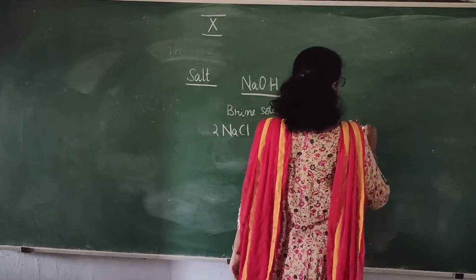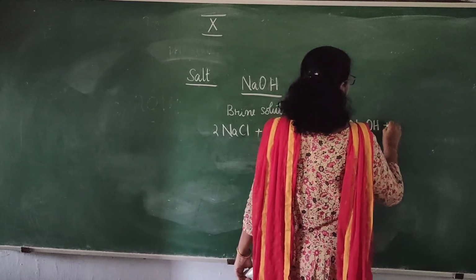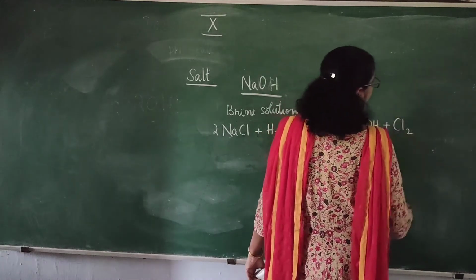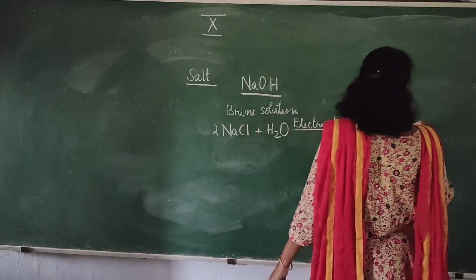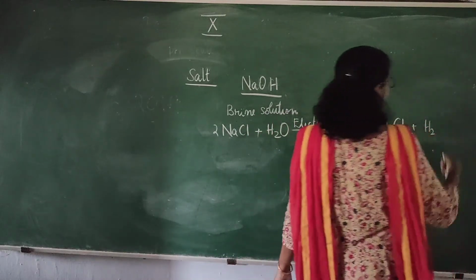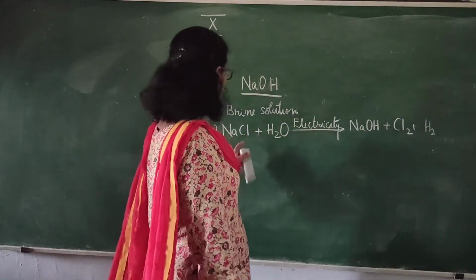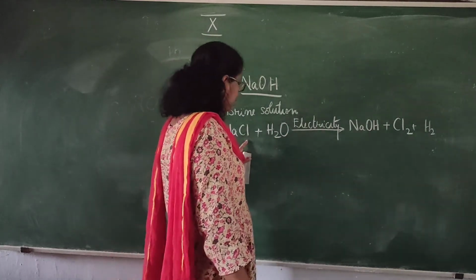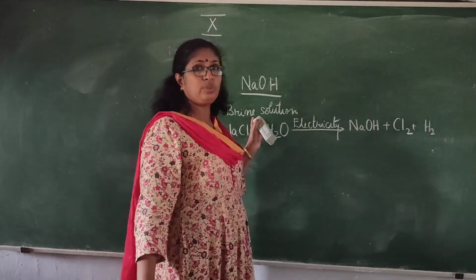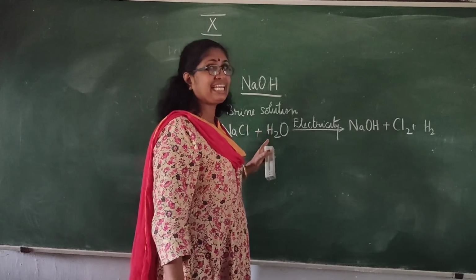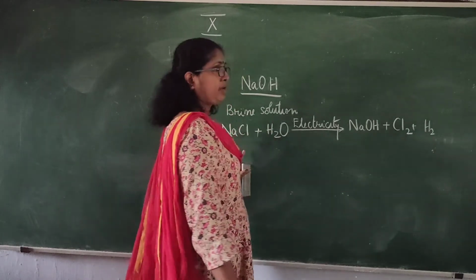You will get sodium hydroxide in the electrolyte, and you will get chlorine at the anode and hydrogen at the cathode. So these are the products you will get when electricity is passed through brine solution. Brine solution is an aqueous solution of sodium chloride.